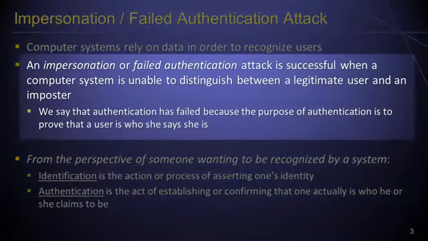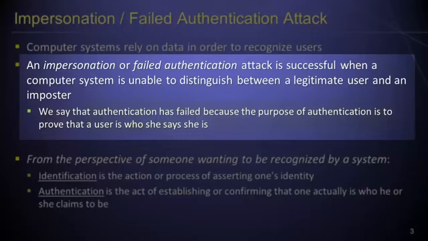An impersonation or failed authentication attack, then, is successful when a computer system is unable to distinguish between a legitimate user and an imposter because it has been provided with data values that seem to indicate that the user is legitimate.